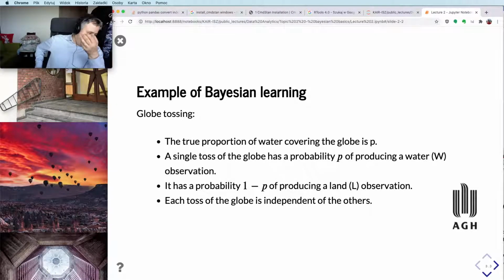With a bit of positive thinking, we think that each measurement is independent of the others. We want to estimate what the coverage of the planet with water is, and because of that, we perform this experiment.